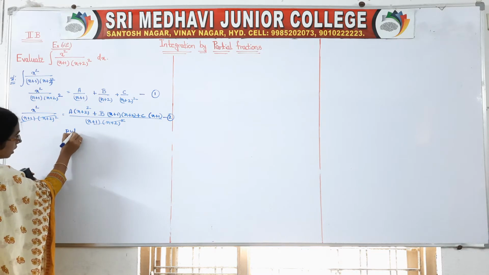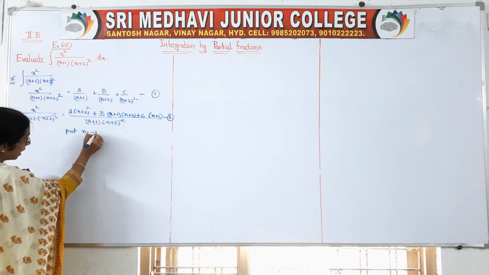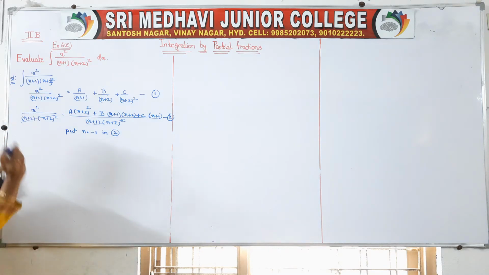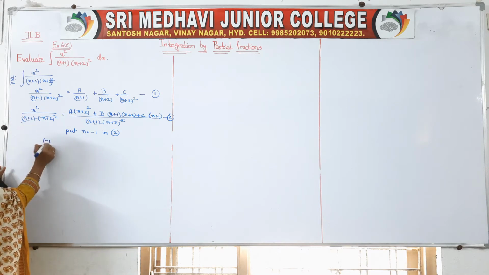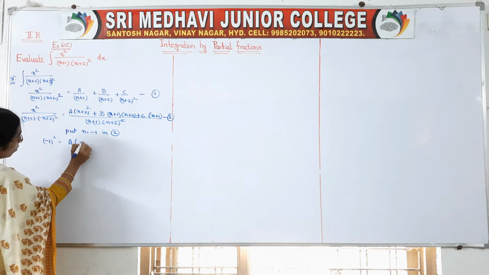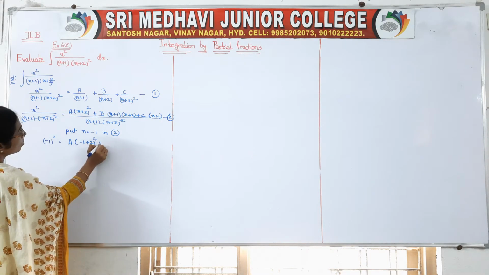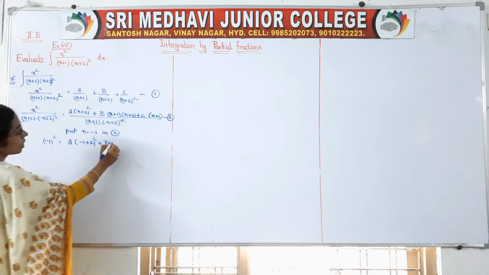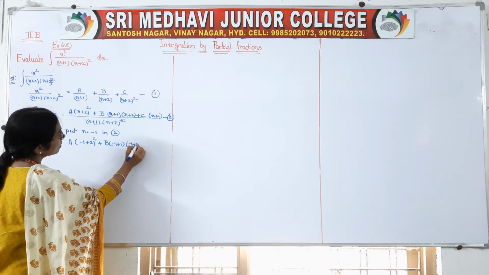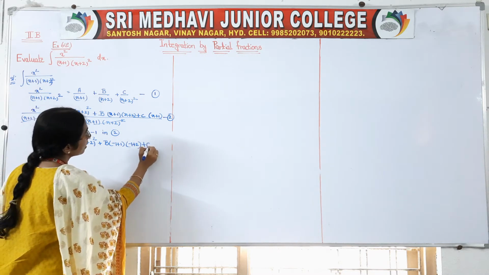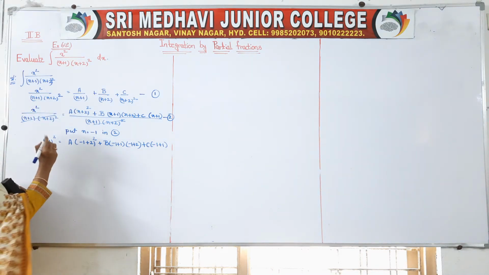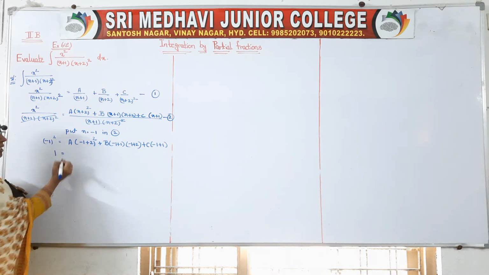So put x is equal to minus 1 in the second equation. Then what happens? On the left side, x square is there, so minus 1 square. On the right, A into (minus 1 plus 2) whole square, plus B into (minus 1 plus 1) and (minus 1 plus 2), plus C into (minus 1 plus 1). Minus 1 square means it is 1.